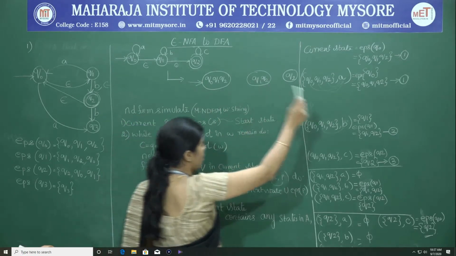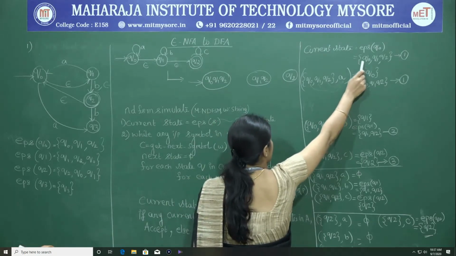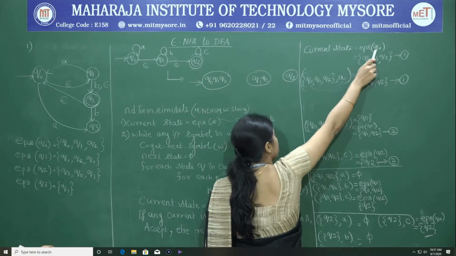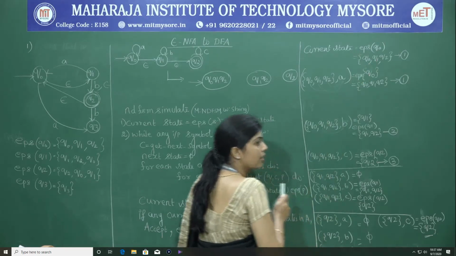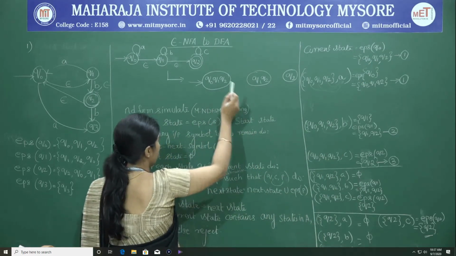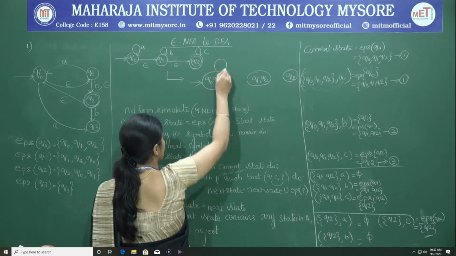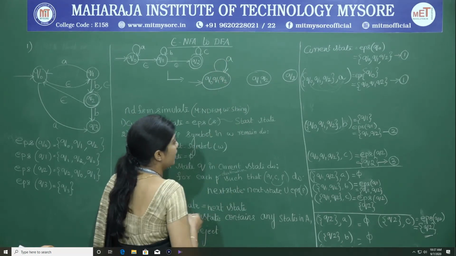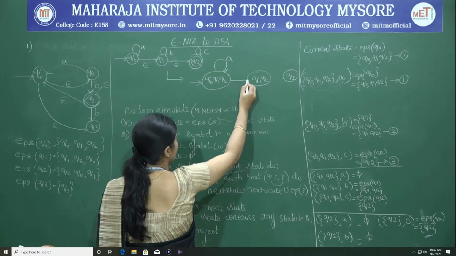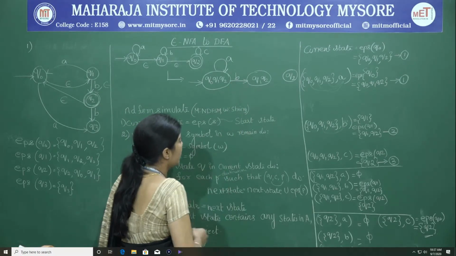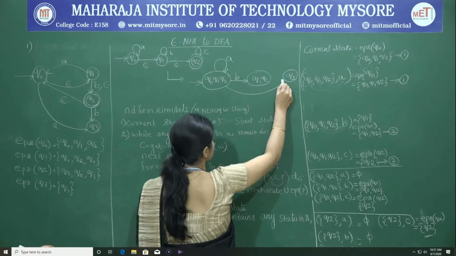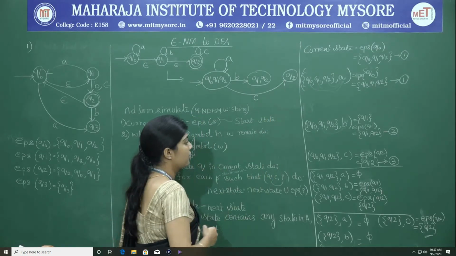The start state of the DFA is nothing but the epsilon closure of the start state of the epsilon NFA. So Q0, Q1, Q2 on A is moving to Q0, Q1, Q2. On B it is going to Q1, Q2, and on C it is going to Q2. So this is how we write the transitions.